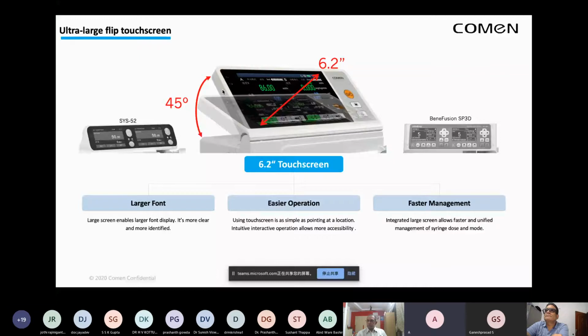The large screen enables a large font display, which is clearer and easier to identify. It is also easy to operate. On a single screen, you can operate a 2-channel pump, and you can also set up the online status in one display.